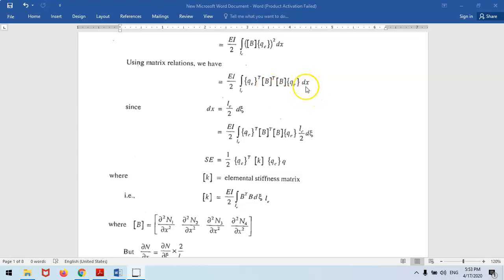That is why dx has to be eliminated and replaced by d zeta. So I have replaced that with LE by 2 d zeta. Strain energy is equal to half q transpose k q, and this k is known as the elemental stiffness matrix.